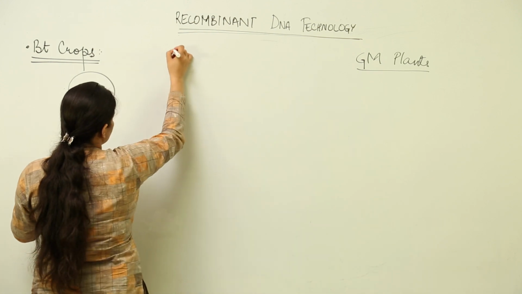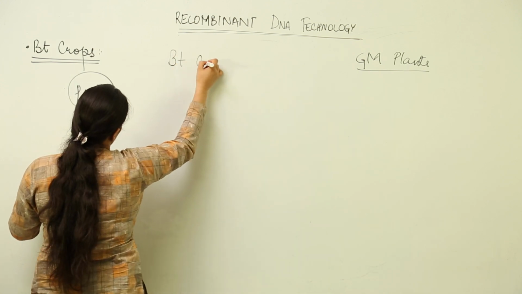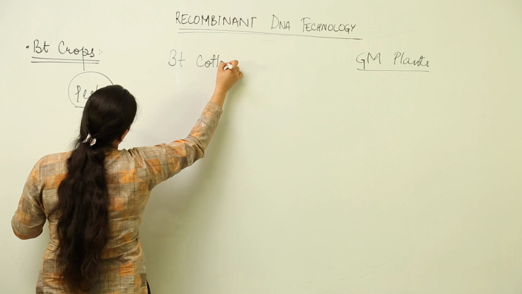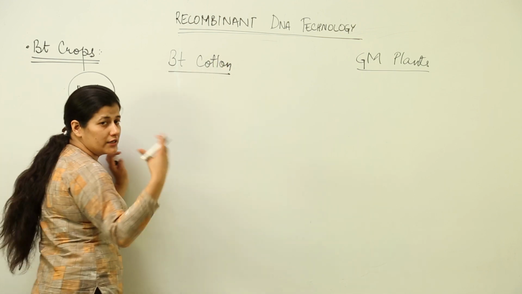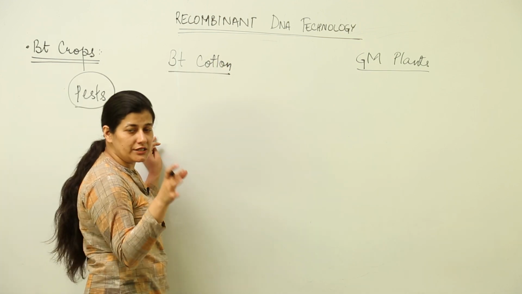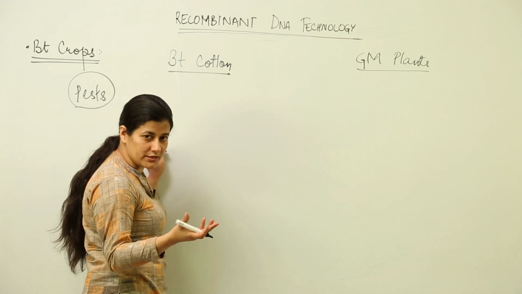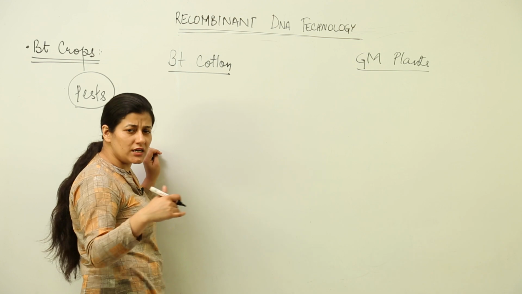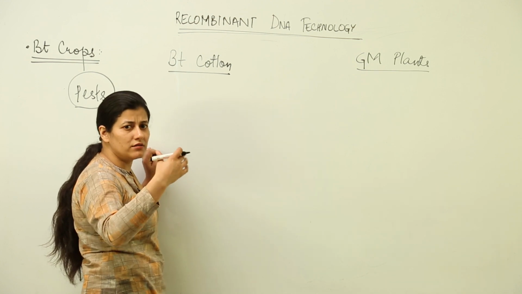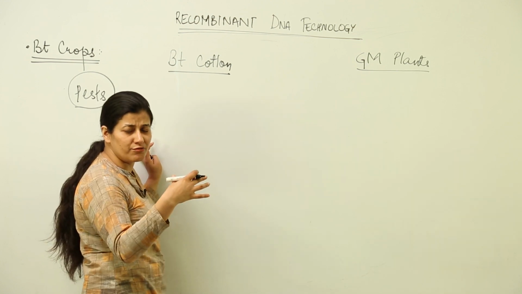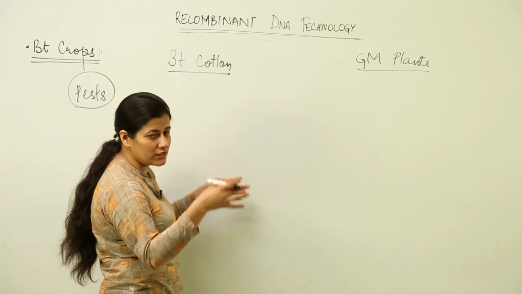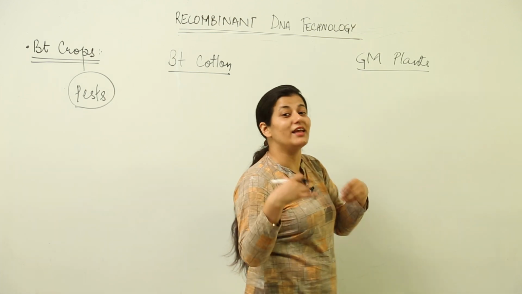Now, what are BT crops? You have heard about BT cotton. I am pretty sure till now you know what BT cotton is. In our country, we have only BT cotton that has been legalized, that can be put into the fields. Rest of the BT crops are still under field testing, and paperwork is being done by the government so that all those ethical issues are taken into consideration, and then it would be introduced.